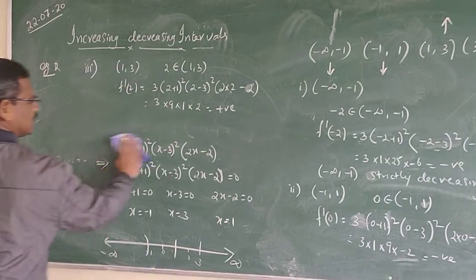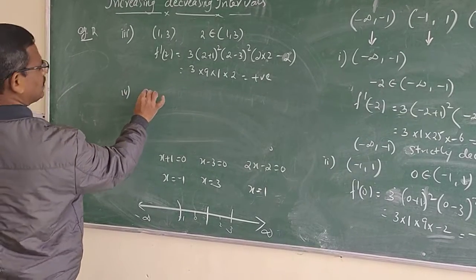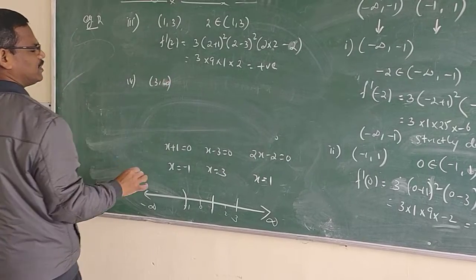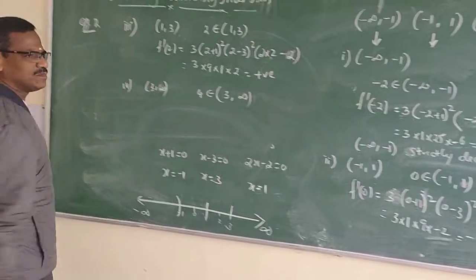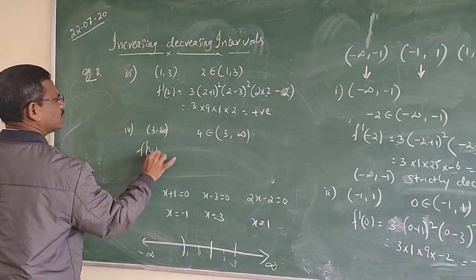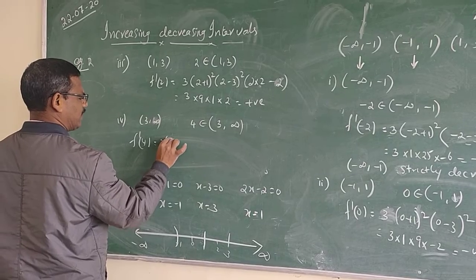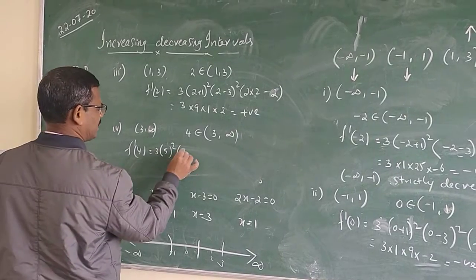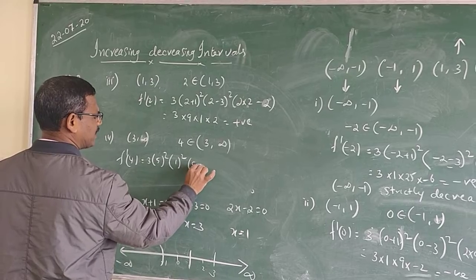Now the last one, that is 3 to infinity. I can take 4 as a value of this interval. So what is f'(4)? It is 3 into (4 + 1), that is 5, and (4 - 3), that is 1, and then 2 times 4, 8 minus 2.